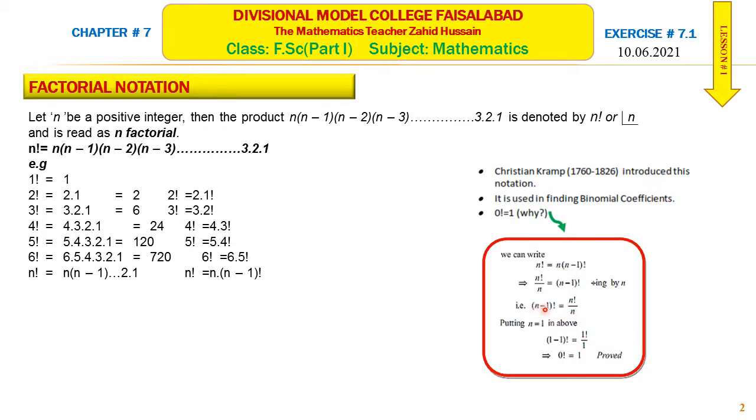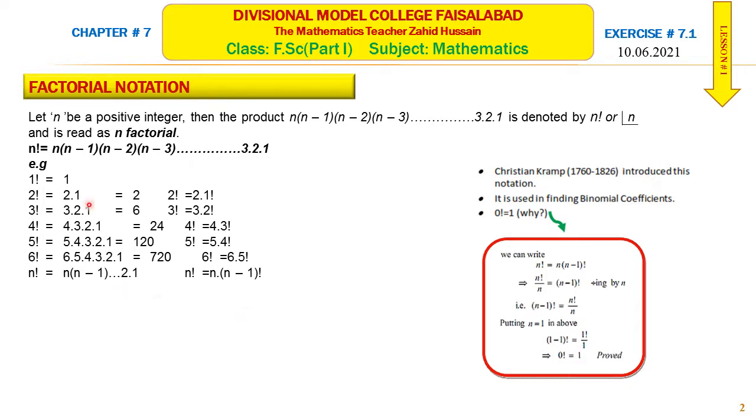Now n minus 1 factorial is equal to n factorial over n. Putting n equal to 1 in this equation, we get 1 minus 1 factorial is equal to 1 factorial over 1, and 1 minus 1 is 0, so this is 0 factorial, and the right hand side is 1. So 0 factorial is always equal to 1.